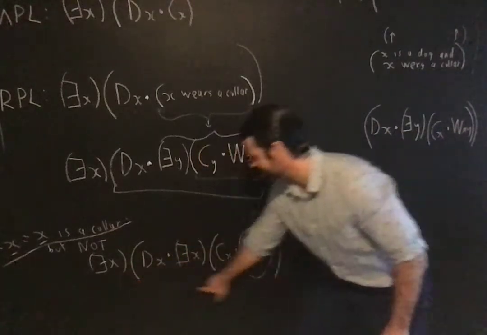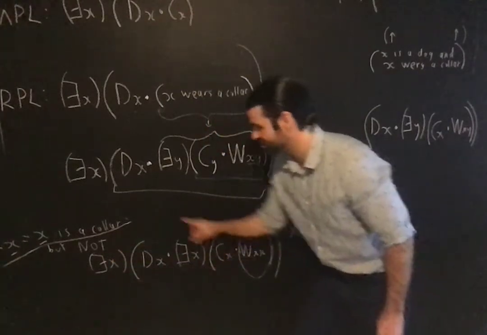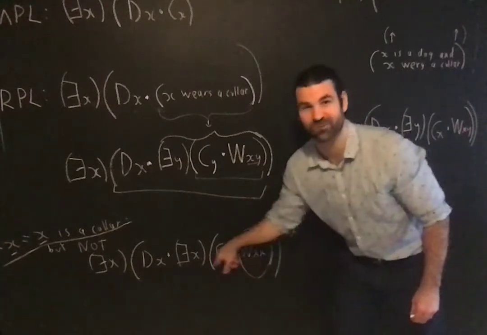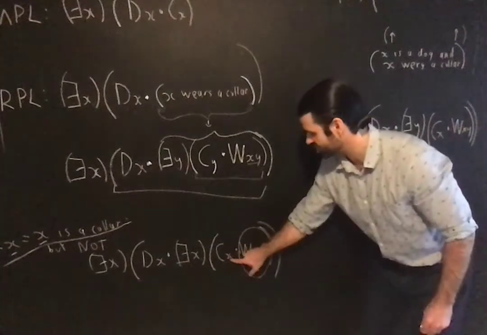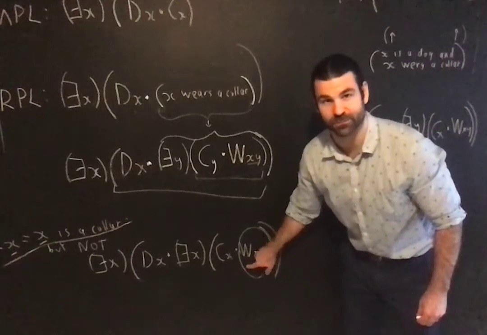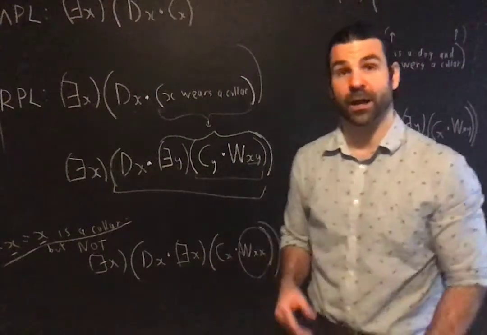Because this still binds this. And the one thing, that one x, this always refers back to the one x. There is something which is a dog, and it's also a collar. I've sort of double quantified over it. There's also a collar, and the dog wears itself. The dog that is a collar wears itself. Okay, don't want that.